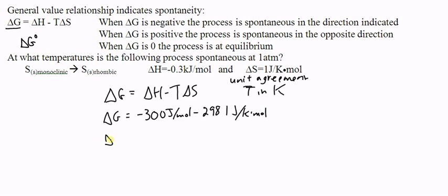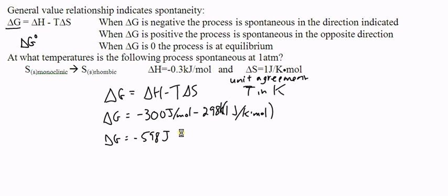Alright, and so let's see what delta G is going to equal. And so we have negative 300 minus 298, and then that's times 1, so as long as we're writing in all our units, let's clean this up. So minus 298 times 1, and so we have negative 598 joules.